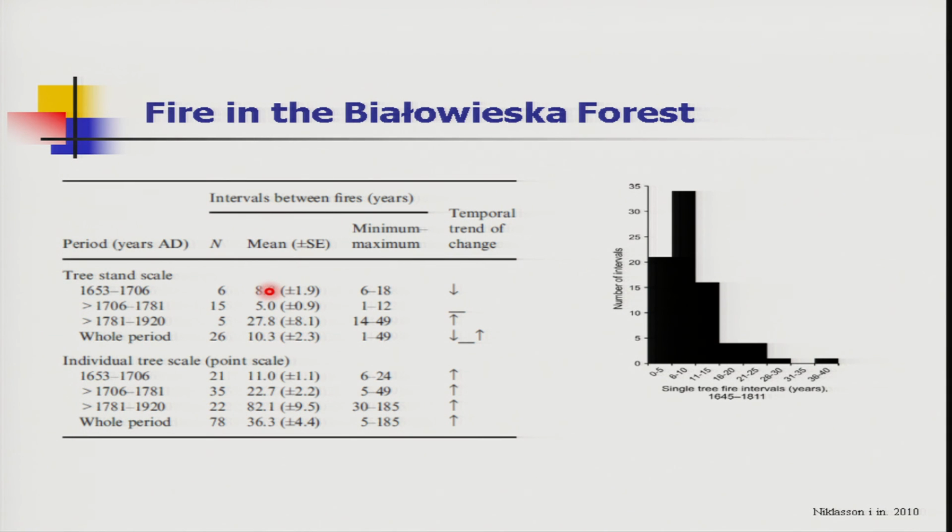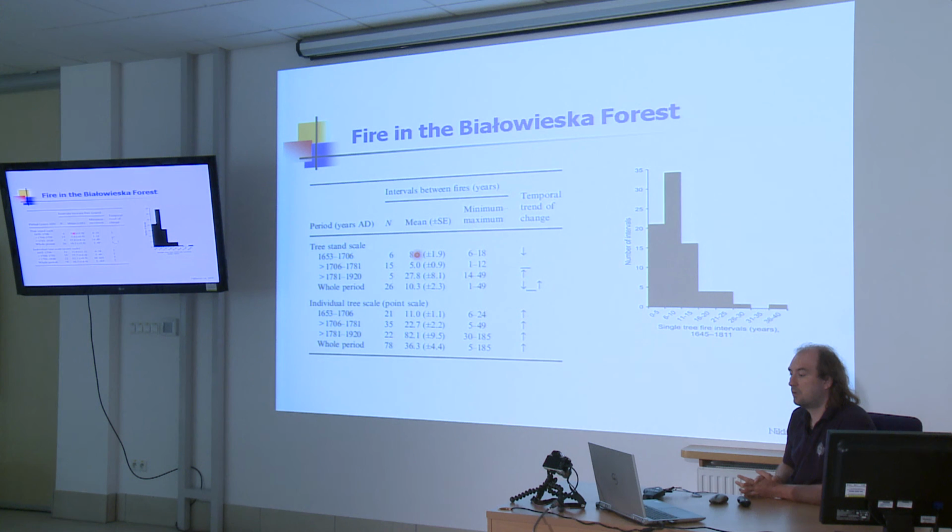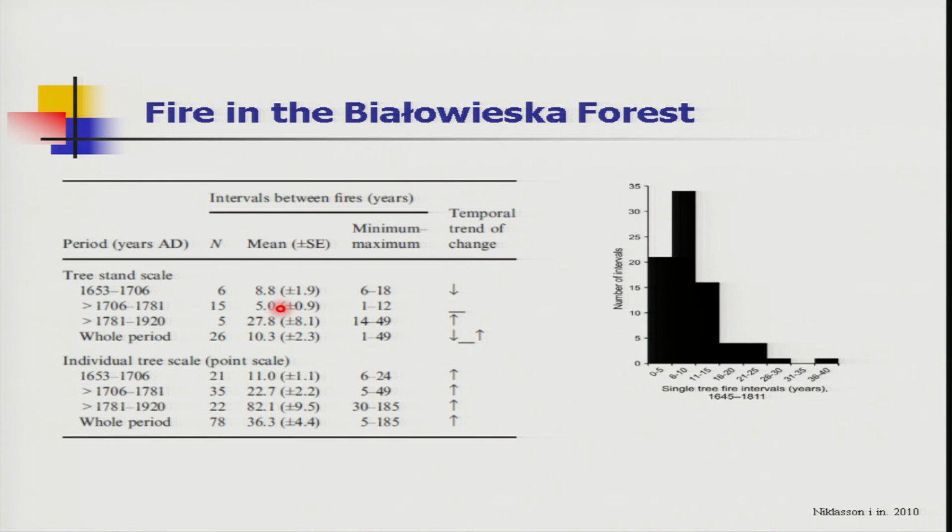So at the beginning, back in the past, 17th century, fires happened like every 8 years, then every 5 years, and in the last 100 years of the analysis, it was a huge increase in this length of the fire interval up to almost 30 years.